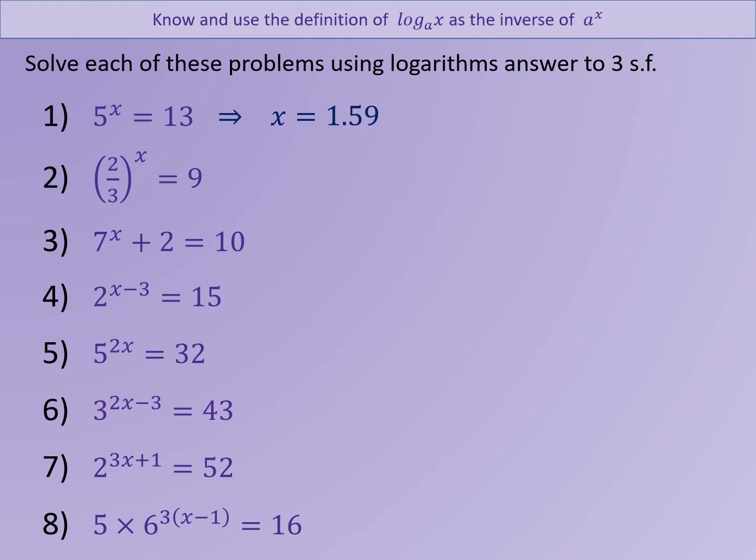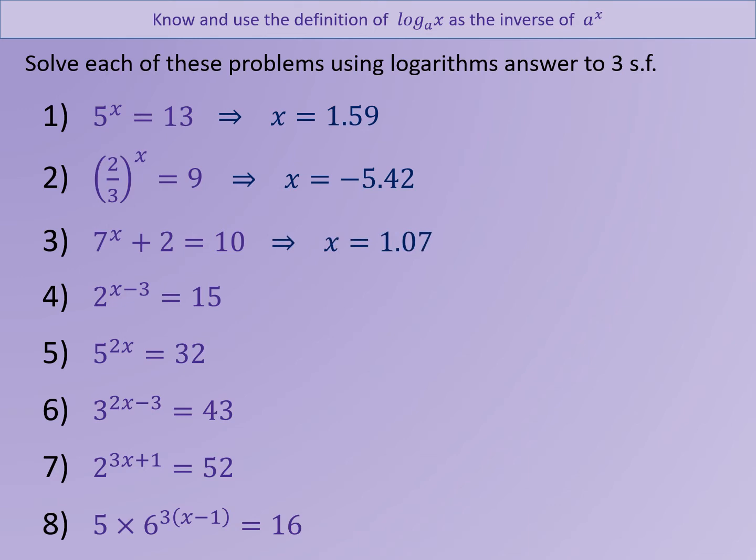Number 2, log to base 2/3 of 9 will give us our answer of x, which is minus 5.42. In number 3, we would take 2 off each side first before we get stuck into the logarithm. So 7 to the power of x would equal 8, and then log to base 7 of 8 would give us our answer for x, which is 1.07.